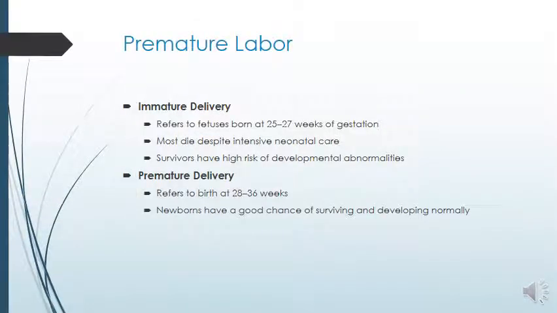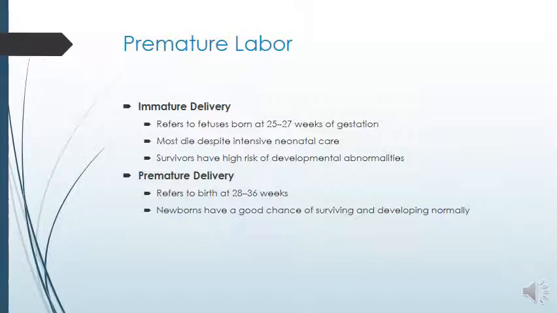Premature labor occurs when true labor begins before the fetus has completed normal development. Now, the newborn's chances of surviving are directly related to its body weight at delivery. Even with massive supportive efforts, newborns weighing less than 400 grams or 14 ounces at birth will not survive.